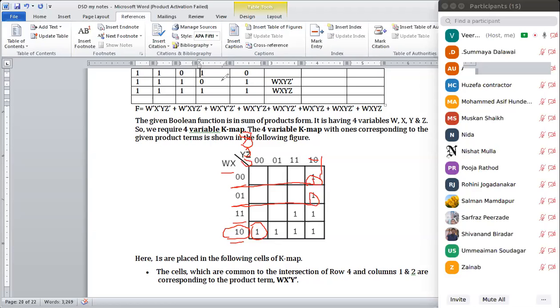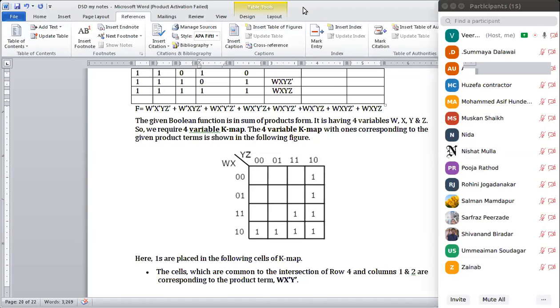Wherever these ones are present, like the last one, 1111, third row and third column, here I am going to write 1. This one I have written here. Then this one, 1 0. This is how I am going to write.